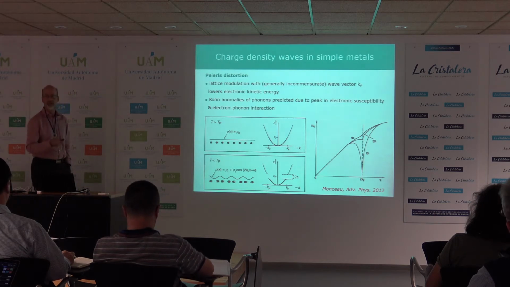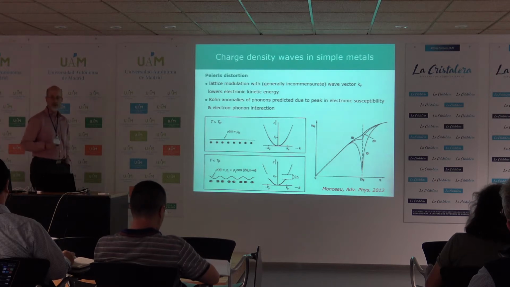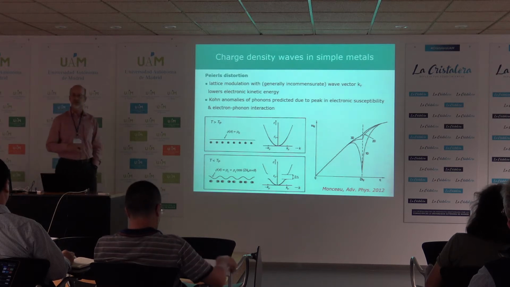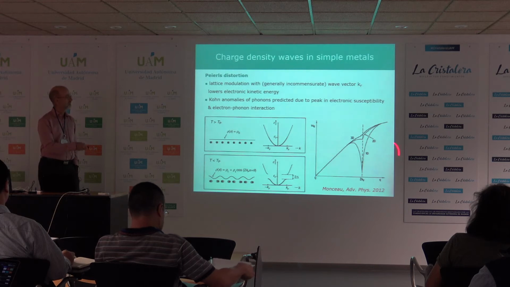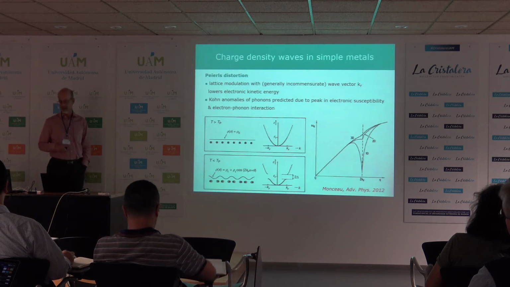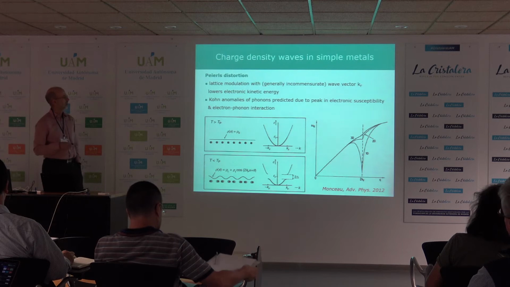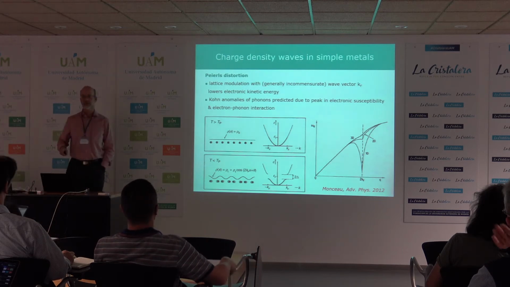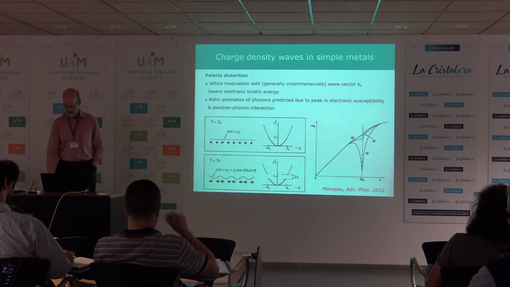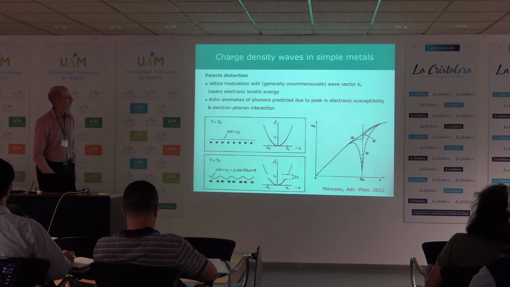There's a corresponding anomaly in the line width of the phonons, and these anomalies will be particularly strong in one dimension, weaker in two, and even weaker in three dimensions, because of the momentum space averaging in two and three dimensions.